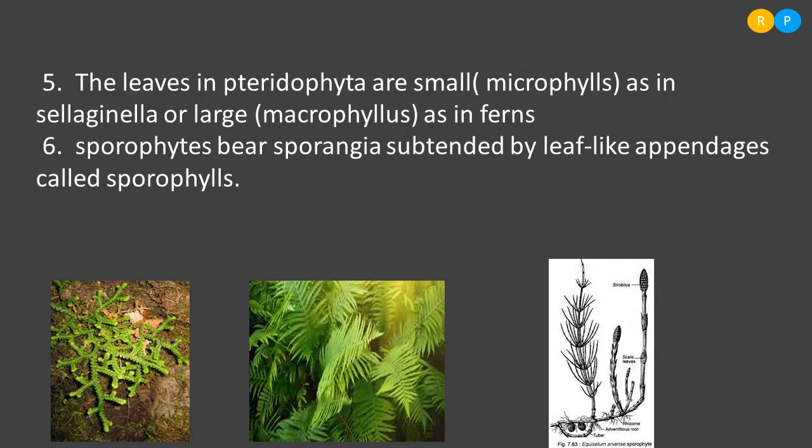Sporangia is highly protective in nature. Within the sporangia we can find the presence of spores. Clear? So this is the structure we can observe in the pteridophytes. They are very helpful in the process of reproduction. Understood, children?